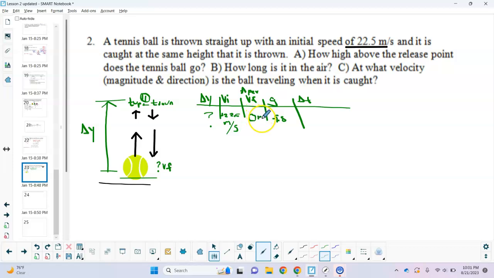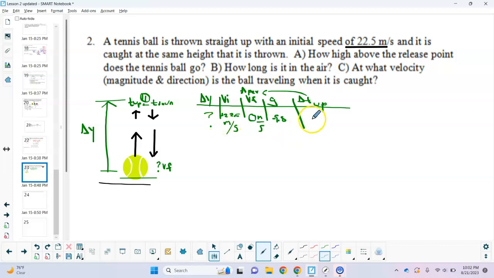If you have 2 out of the 3 and there's no other numbers in the problem, there's something that's a 0, and that final velocity is going to be 0. Now, just to clarify this, the apex is not the total time, because the total time would be going up and coming back down. So this is really just the time going up. And I'm going to write that in there just to make sure that I recognize the time up is for the apex height. So now we have 3 out of the 5.